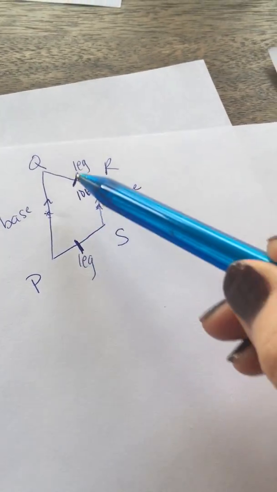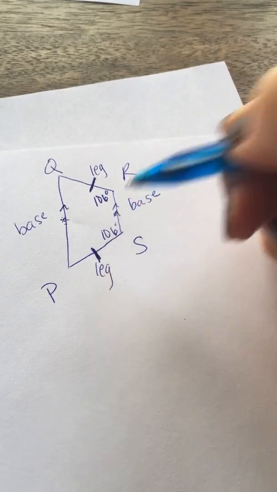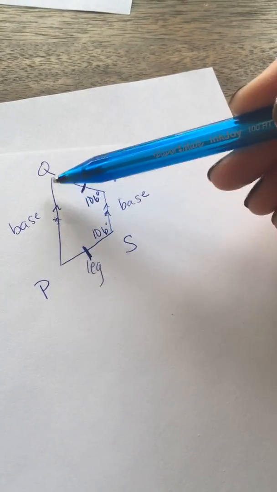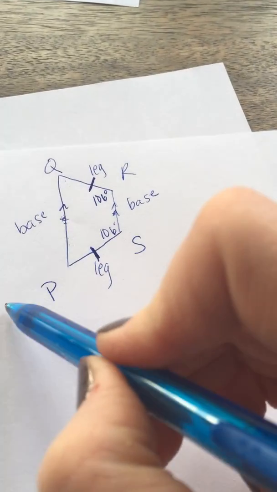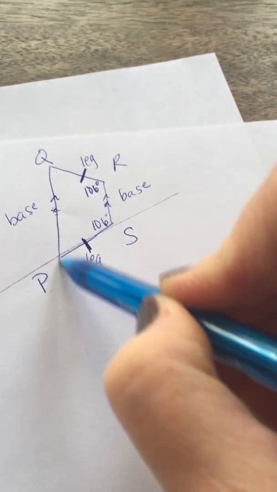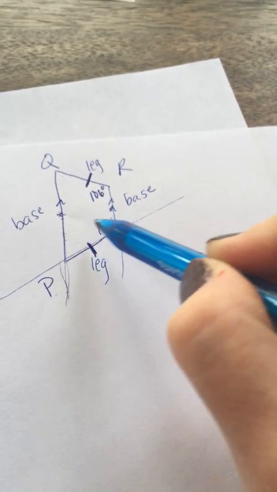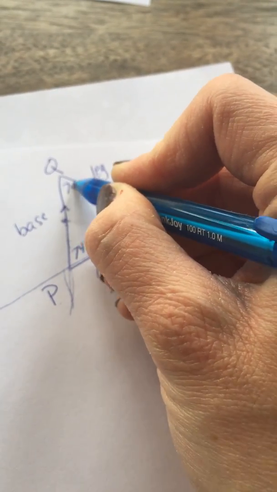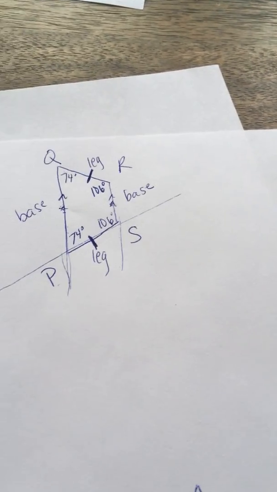Because this is an isosceles trapezoid, you know that this angle will also be 106. And these two angles will be congruent to each other because they're another set of base angles. They share a base. So we'll use the same side interior angles. These two will be supplementary. So this one is 74 degrees and this is 74 degrees. So that's how you can find your missing angles.